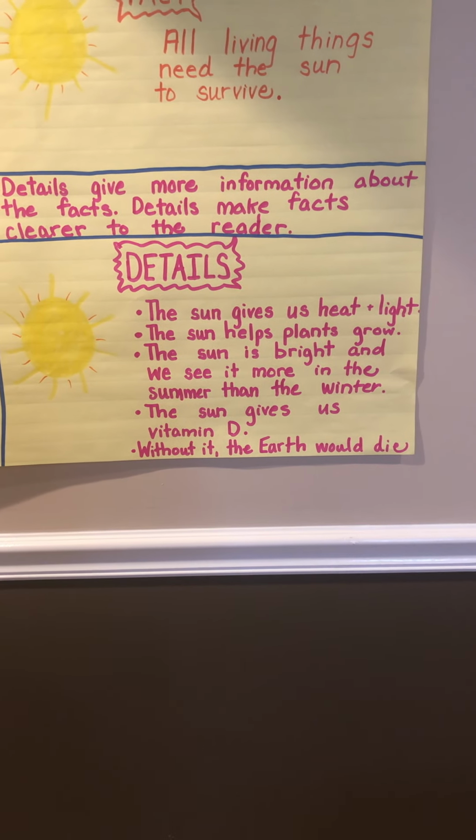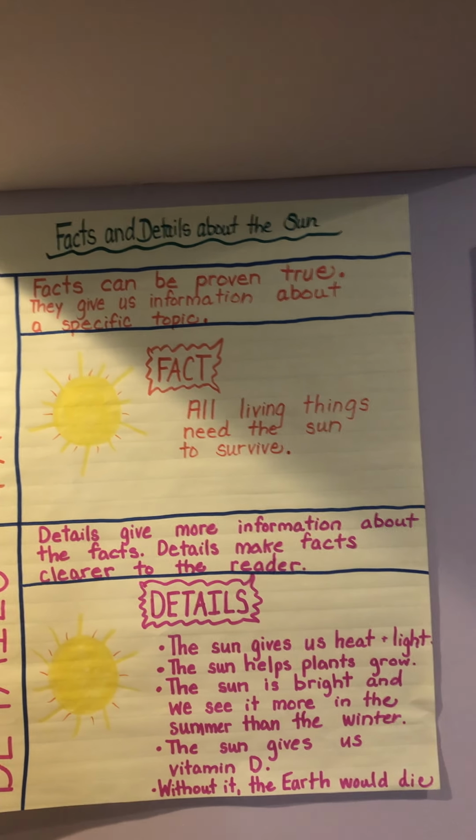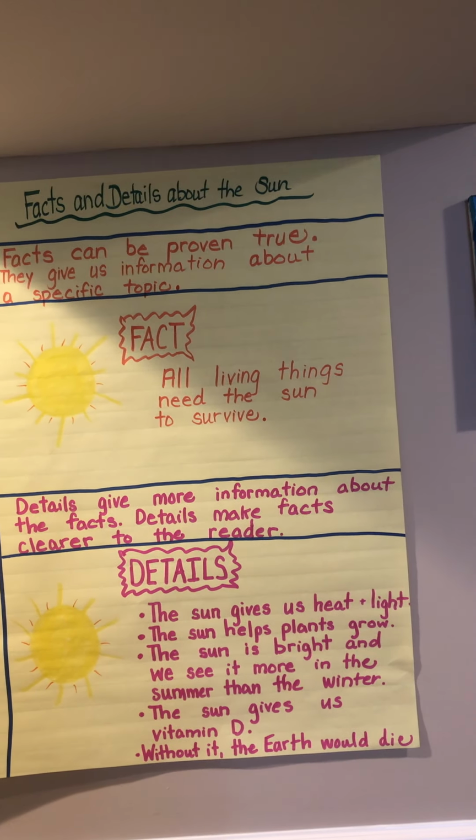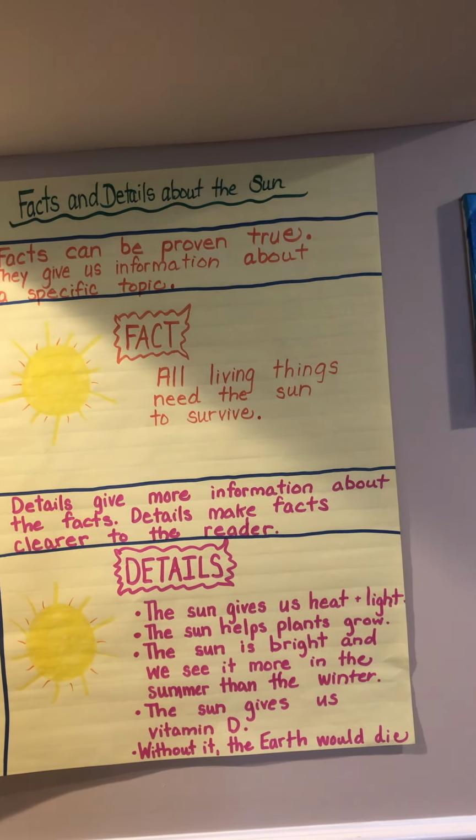Oh, the sun helps plants grow. Going back to my fact, all living things need the sun to survive. Yes, plants, they need water, but they also need that sunlight. Or else, guess what? We wouldn't be able to grow any crops, and therefore, we wouldn't have any of those foods to eat or anything to feed our animals. So I guess plants and animals need the sun to survive just like people do.